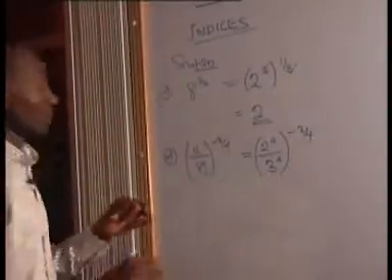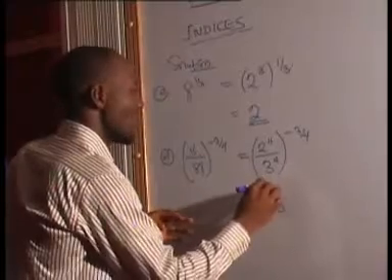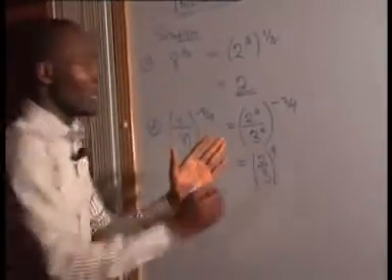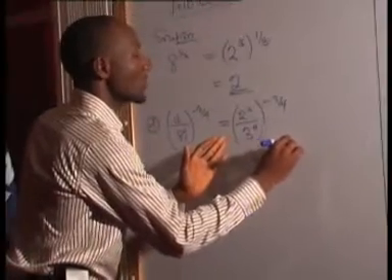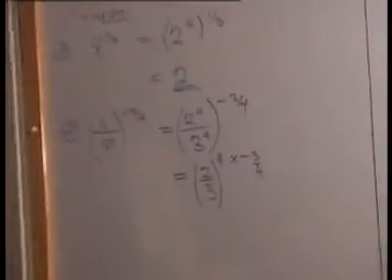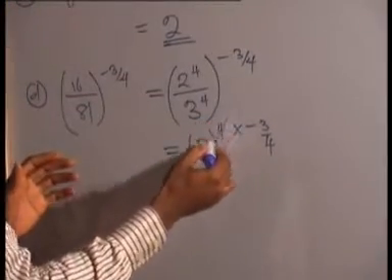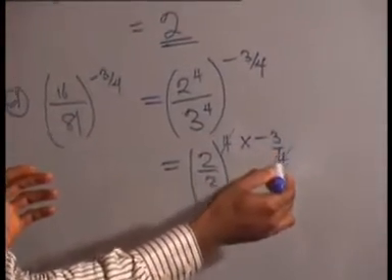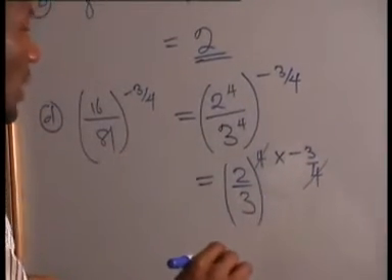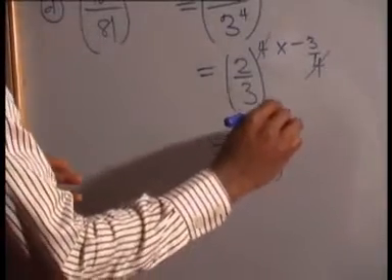So I can write it this way, 2 over 3, everything raised to power 4, then times the minus 3 over 4 that we have here. Is anybody lost? No, fine. So this 4 can take care of this 4. So you are going to have 2 over 3 raised to power minus 3.